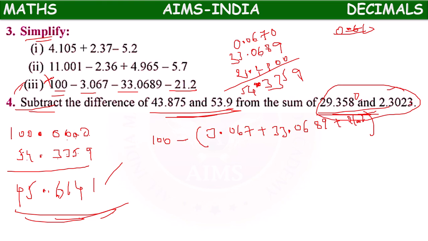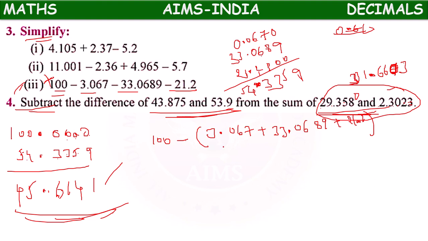Last one. 3 plus 0, 3. 2 plus 5, 7. 3 plus 0, 3. 2 plus 8, 10. 1 remaining. 1 plus 0, 1. Plus 5, 6. 3 plus 3, 6. Point. 2 plus 9, 11. 1 will be remaining. 1 plus 2, 3. So 31.6603.